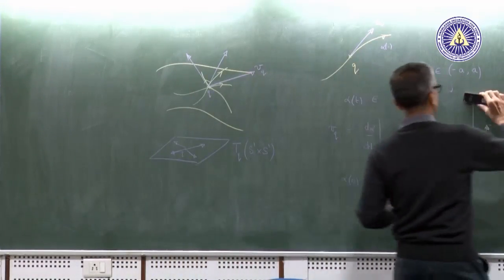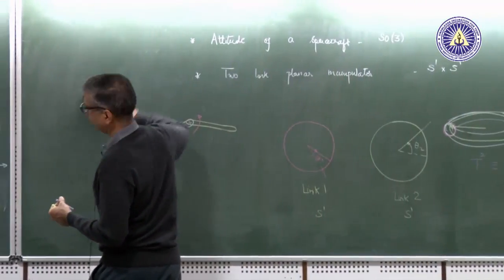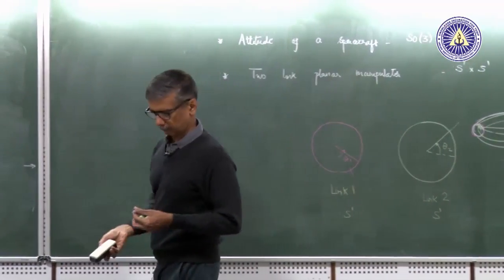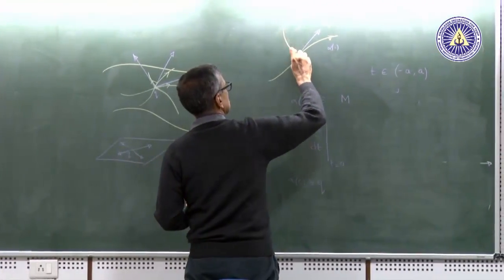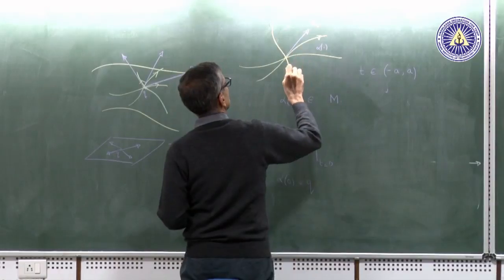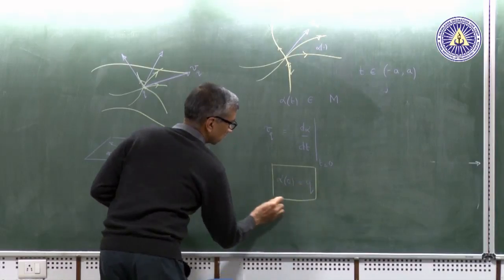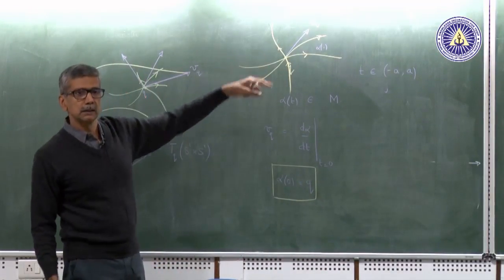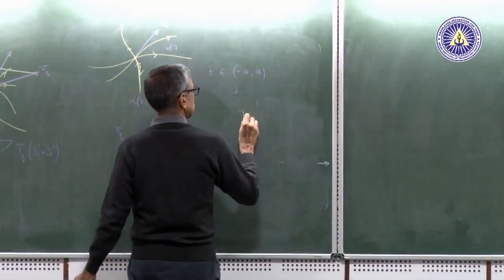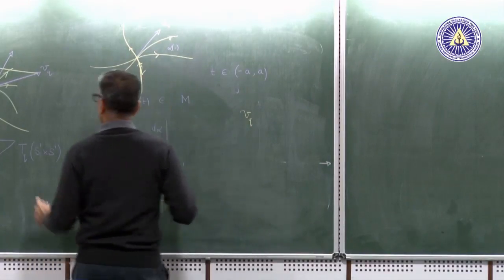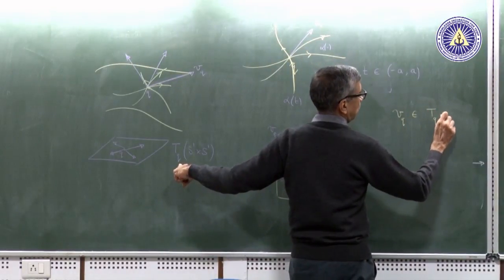You could have many such curves, which satisfy this requirement but give rise to different velocities.